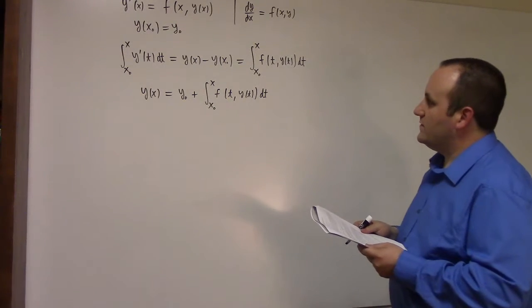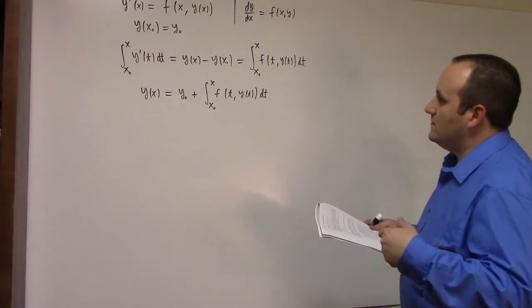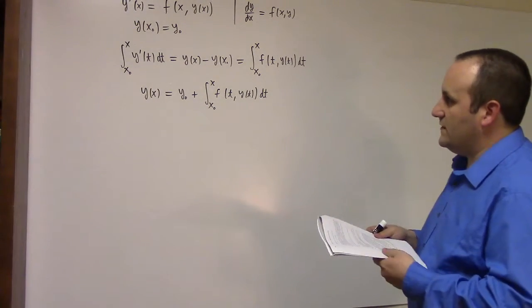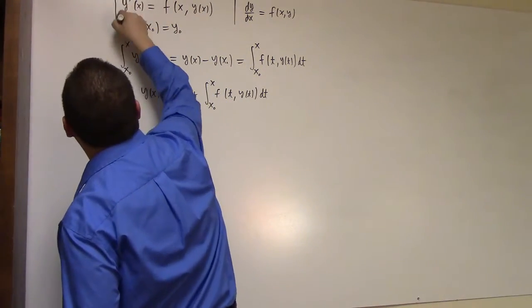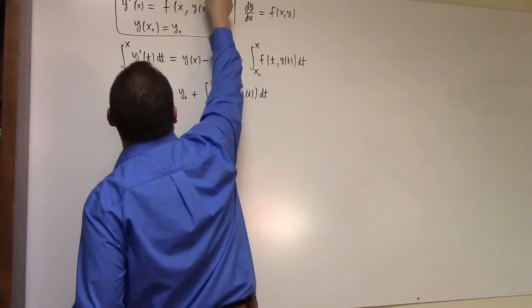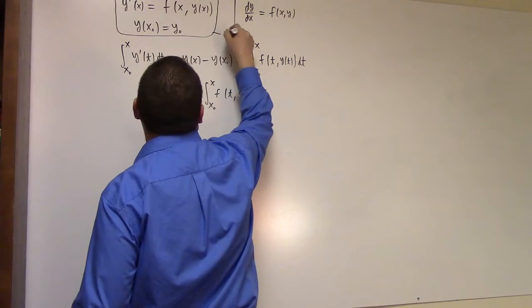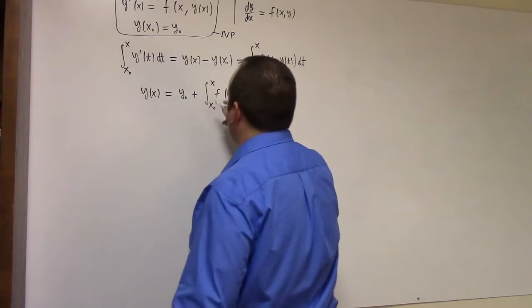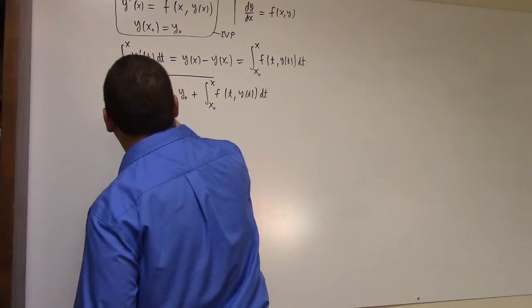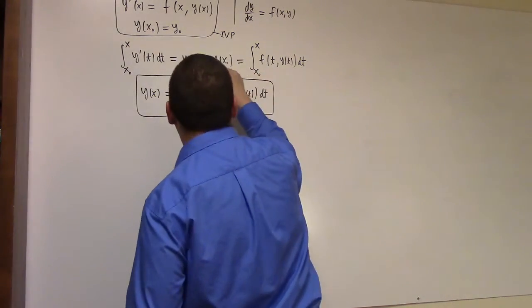In other words, what he's doing is simply this. He's recasting this initial value problem, this differential equation paired with an initial condition, aka IVP, initial value problem. And he showed that that is in fact equivalent to this integral equation.